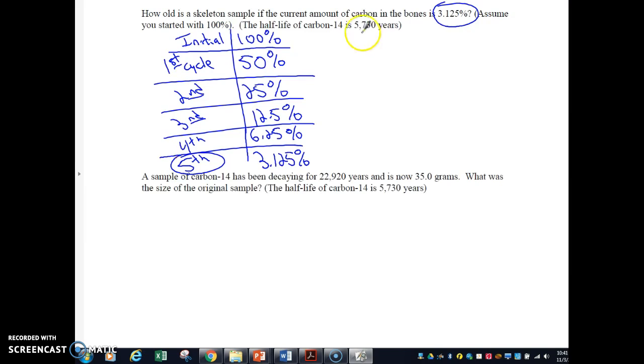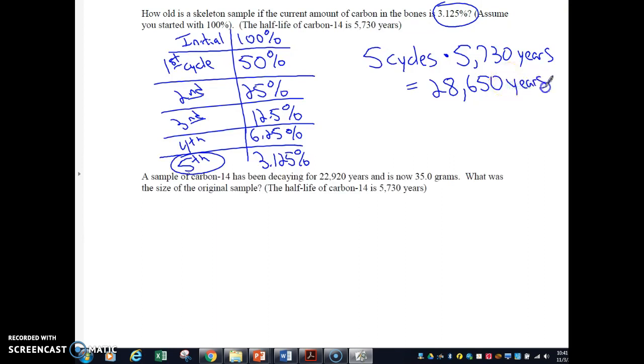Each cycle is 5,730 years. So what you can do is take the 5 cycles, multiply it by 5,730 years, and then that will give you how old the sample is, 28,650 years. So this is an example where we had to solve for the time.